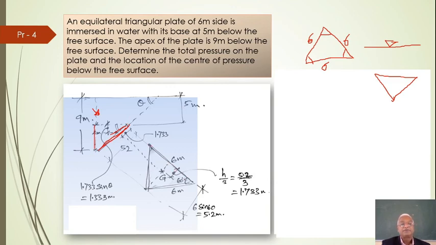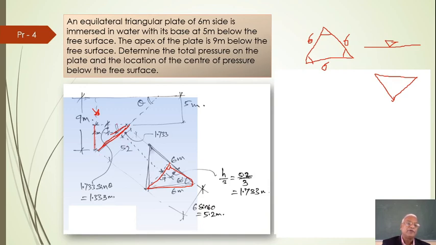Okay, here this distance will be 6 sine 60, because 60 is that angle. Analyzing this triangle with 90 degrees there, it is a right angle triangle. So hypotenuse is 6, angle 60, opposite side will be 6 sine 60, that is 5.2 meters. So this distance is 5.2.